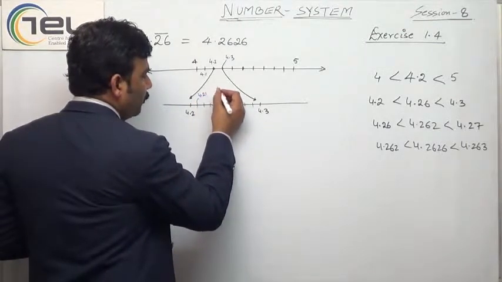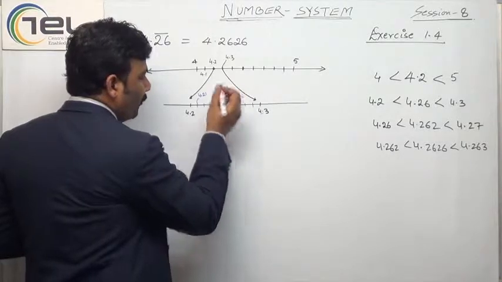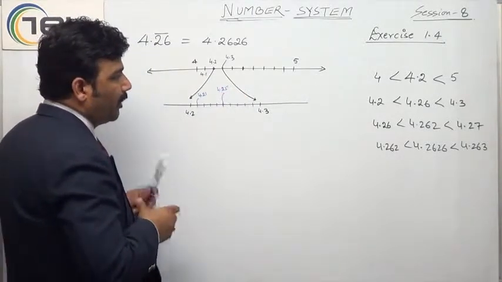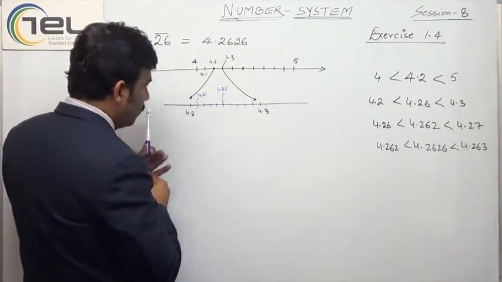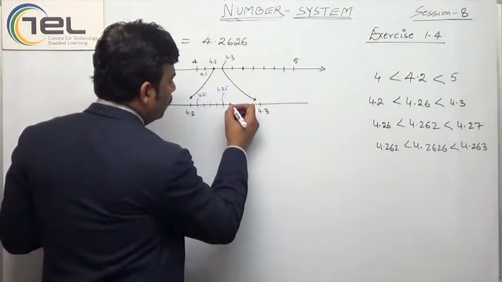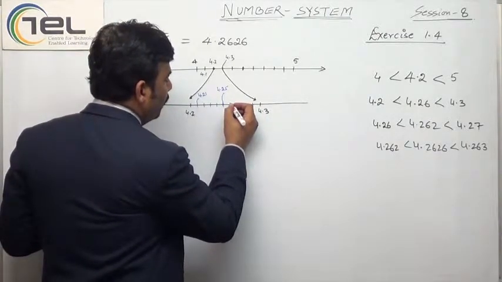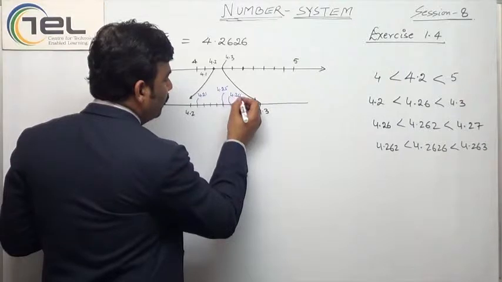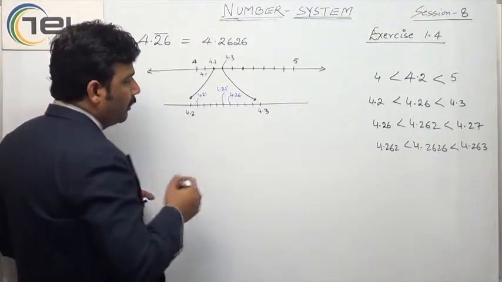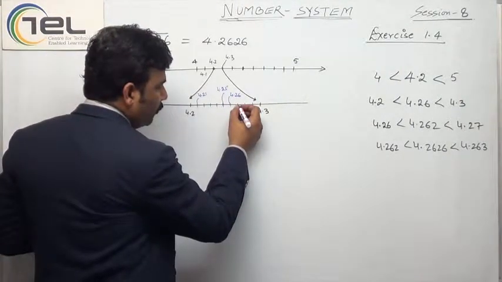This point is 4.25. Now I want 4.26. So this one is 4.26, and this other one is 4.27.